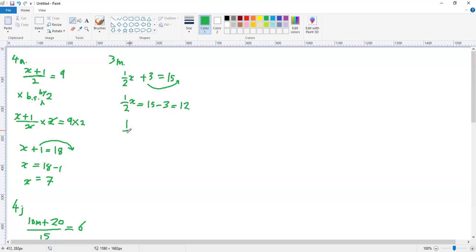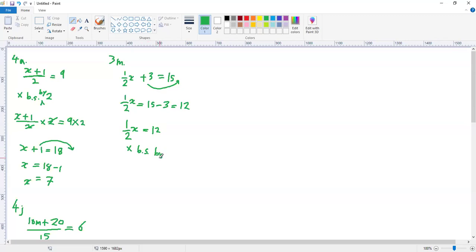Can you guess? Is it times? Exactly. Yes, you're right. We'll be multiplying, and the reason we're multiplying is because of the 2 in the denominator. That's the only way we'll be able to get rid of it. So we're going to multiply both sides by 2.